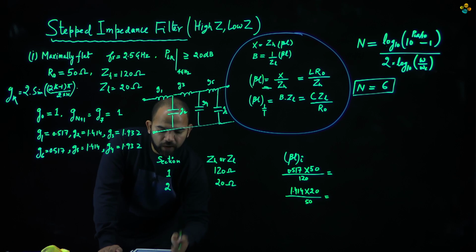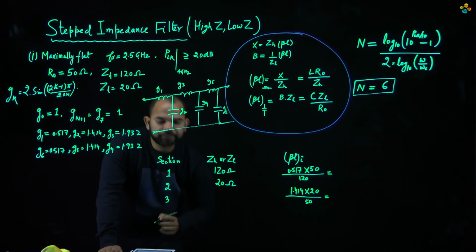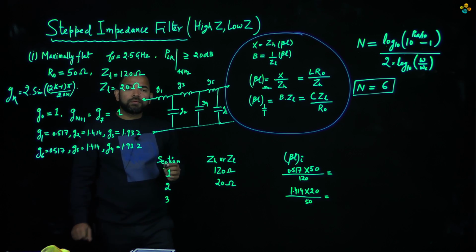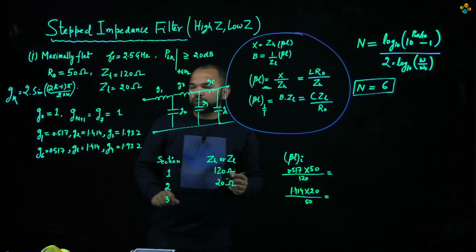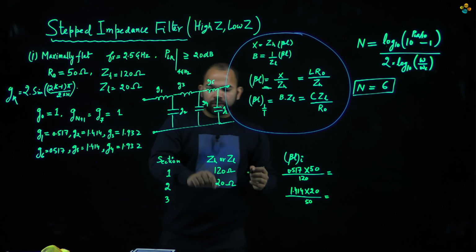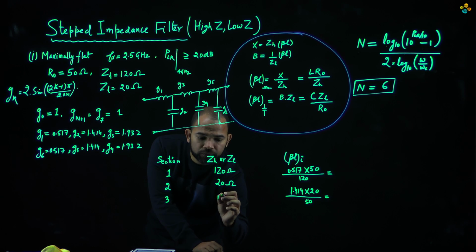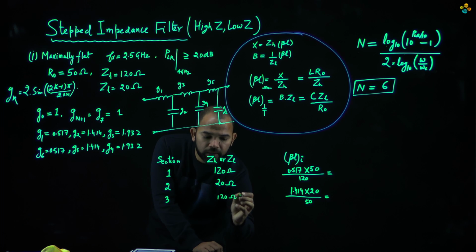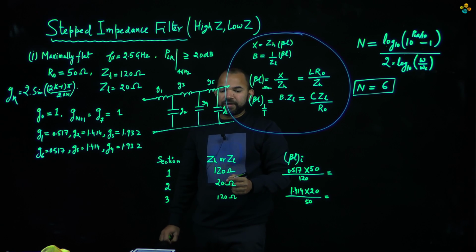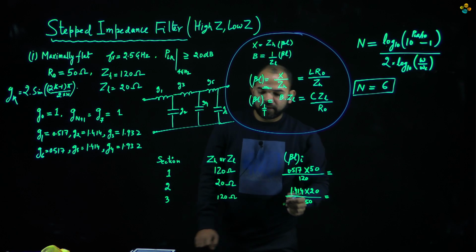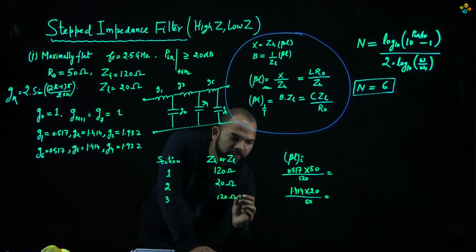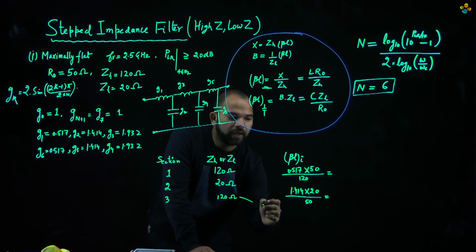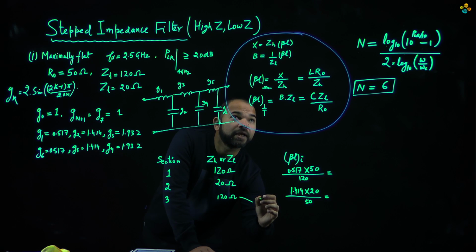Now if we have a third section, which is G3. So G3 is an inductor. So this is going to be realized through a high impedance line, which is 120. And now we need to write for this again the beta Li, which is L R0.